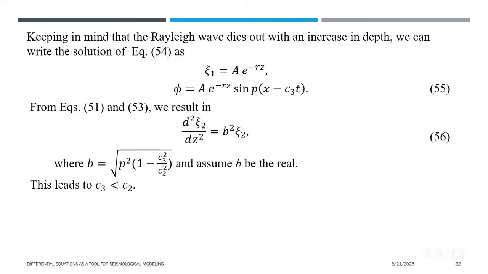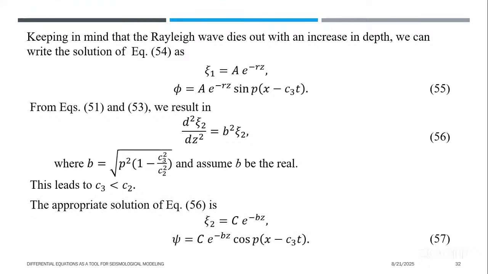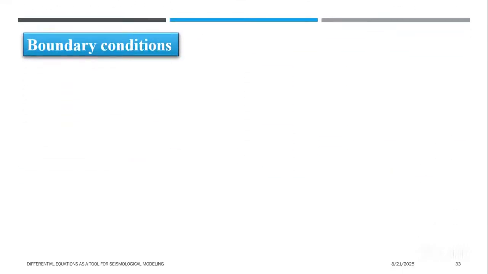Now the solution of 56 we are getting like 57. So we have 55 and 57 with us. Now we will see what the boundary conditions are in this case. In the case of a semi-infinite medium, there is only a top surface, and that is stress-free. What is that stress-free condition? We have already seen that for any particular surface there are three tractions: one is normal and two are tangential, two are shear.